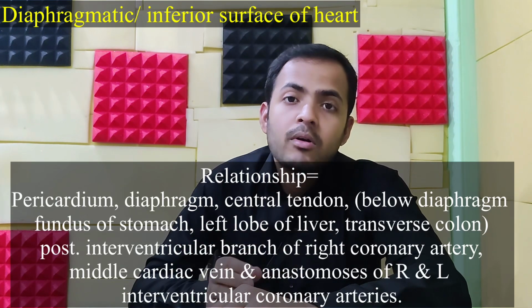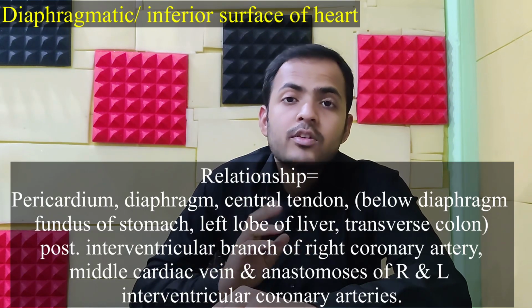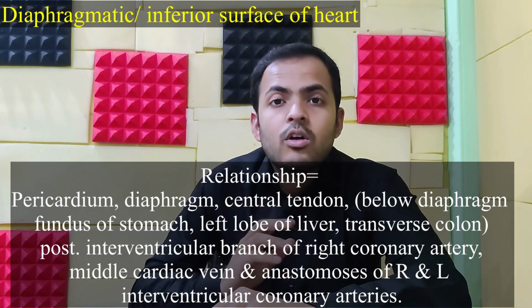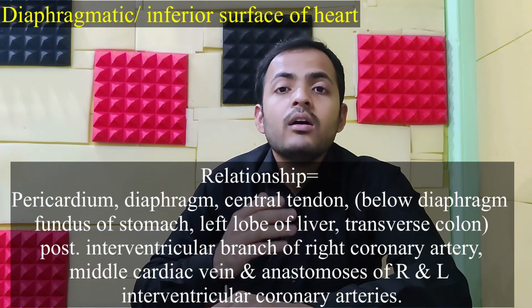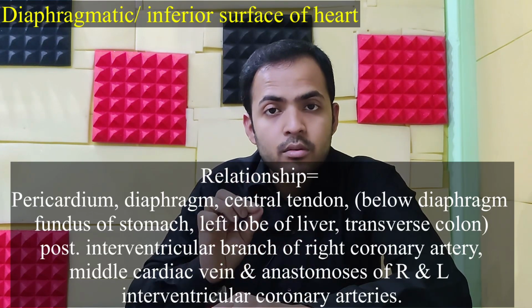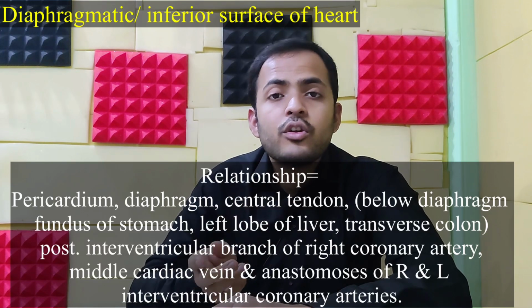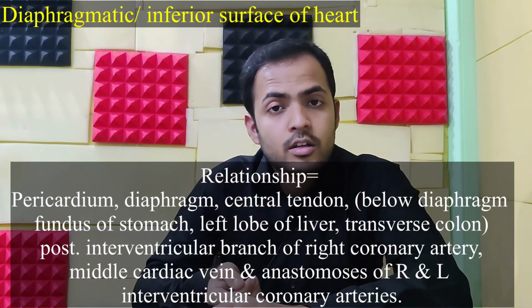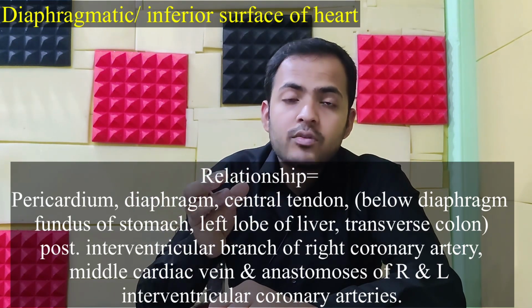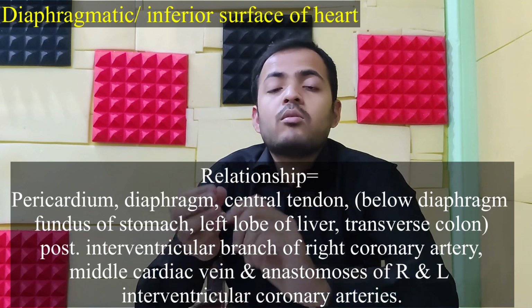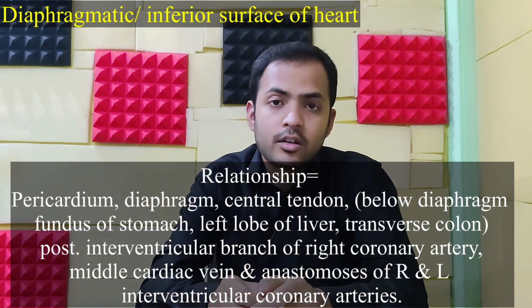Now the left lobe of the liver, fundus part of the stomach and transverse colon are all related downward, or below the diaphragm. Mainly you're going to find the posterior interventricular branch of the right coronary artery and the middle cardiac vein, and the anastomosis part of the interventricular branches of the right and left coronary arteries.